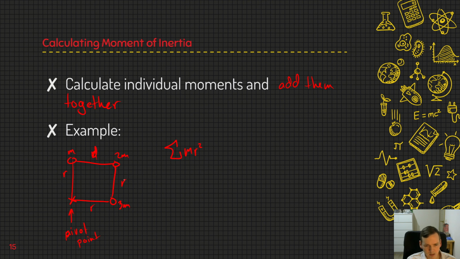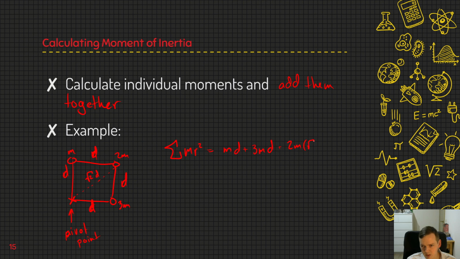Let's call this d so we don't get confused. So this will equal the first m, this one up here, times the distance from the pivot, which is d. Then I'm going to do this bottom right one, which is 3m times, again, distance d. Then I'm going to do the top right, which is 2m. This distance right here is square root 2 d.